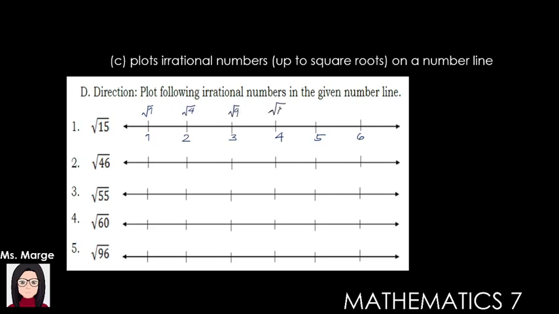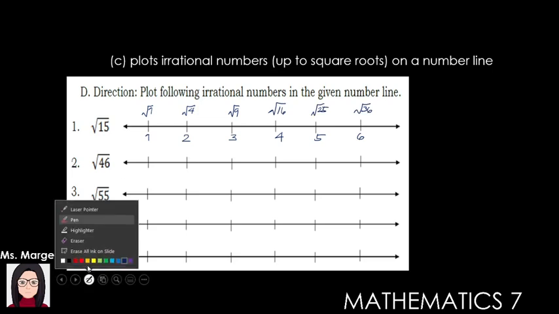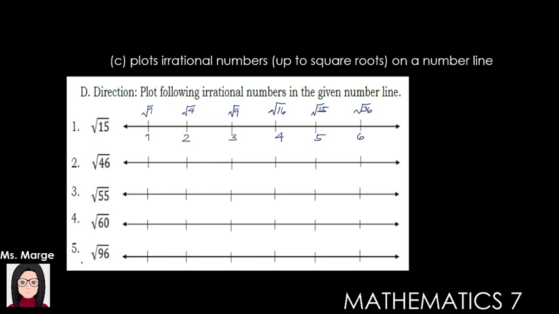This is 16, this is square root of 25, and this is square root of 36. Kapag chinek nyo sa calculator, square root of 1 is equal to 1, square root of 4 is equal to 2, square root of 9 is equal to 3, and so on. At we care about square root of 15, which is closer dito. Pinaka-close, so dito natin siya ilalagay. Reasonable enough, closer sa 4.